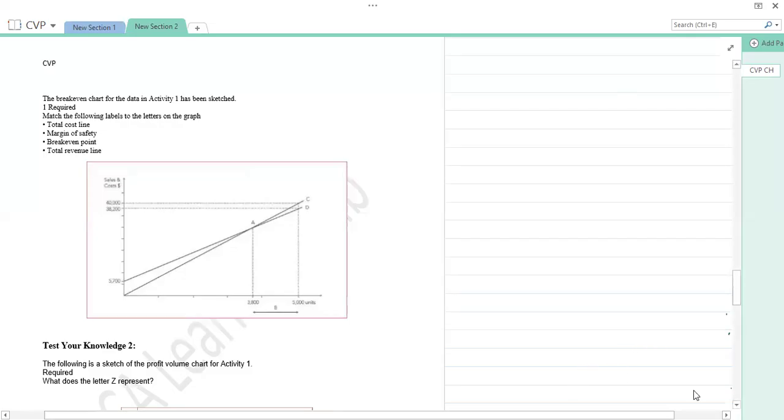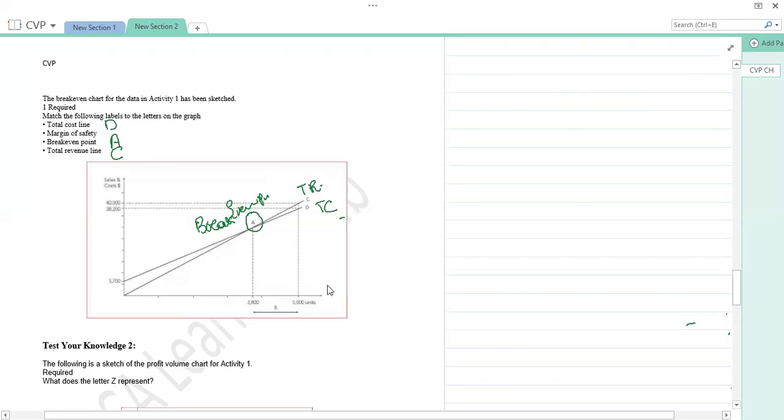The numbers are mentioned. We will define. This is your break-even point. So at point A, you have break-even. What does C show? C shows your total revenue. Your total revenue line is C, and your total cost line is D.